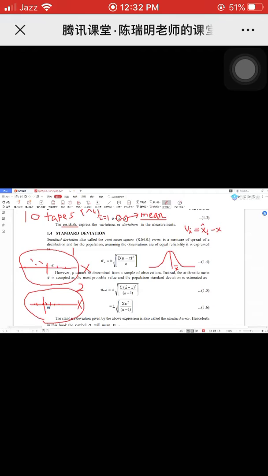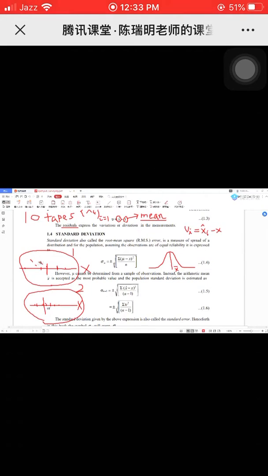If you adopt the distance, for example, like this point, the larger this one. Suppose your measurement is over here. All your measurements are supposed to lie on the x-axis, right?